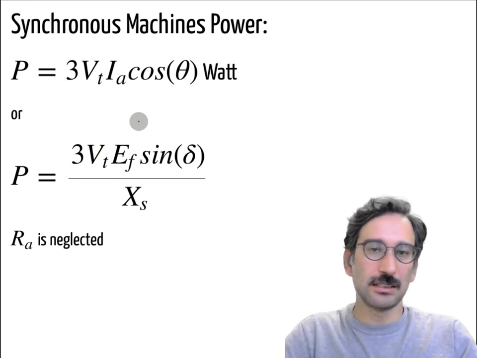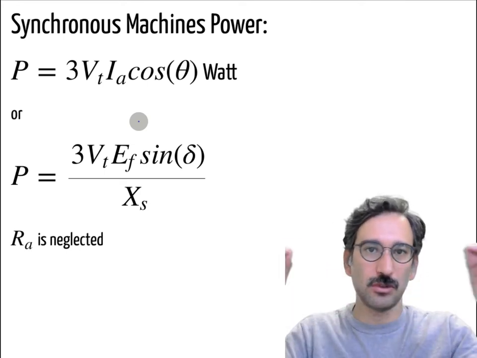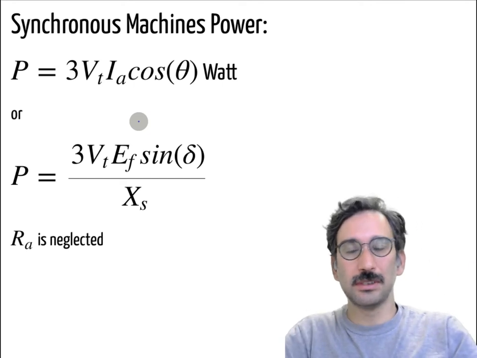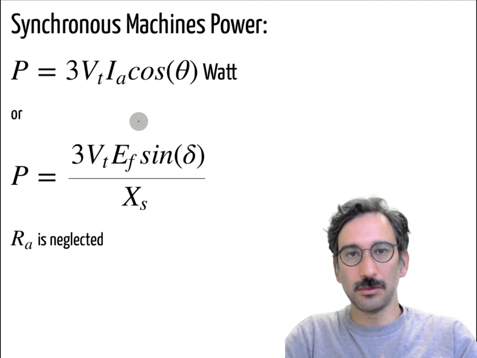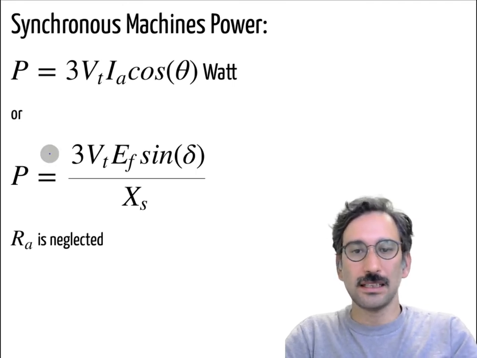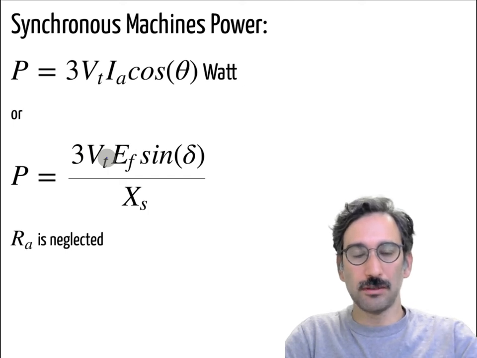Actually it was the same for any AC system. If there's any lossless AC system, like with an inductance, the power always flows from the leading side to the lagging side, and the magnitude has no importance in terms of the power flow.